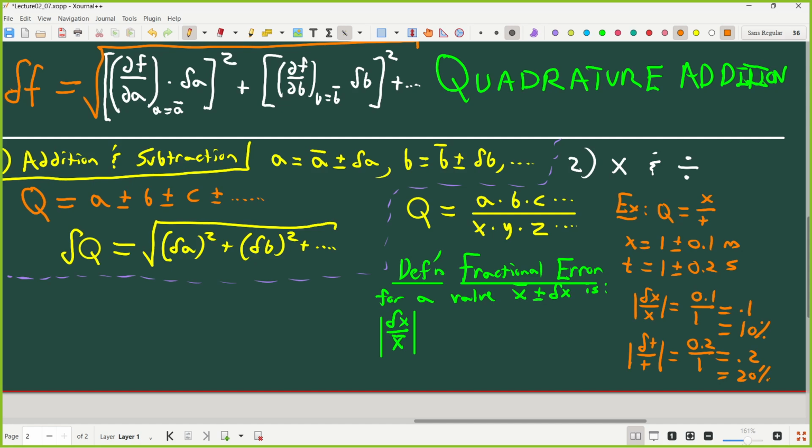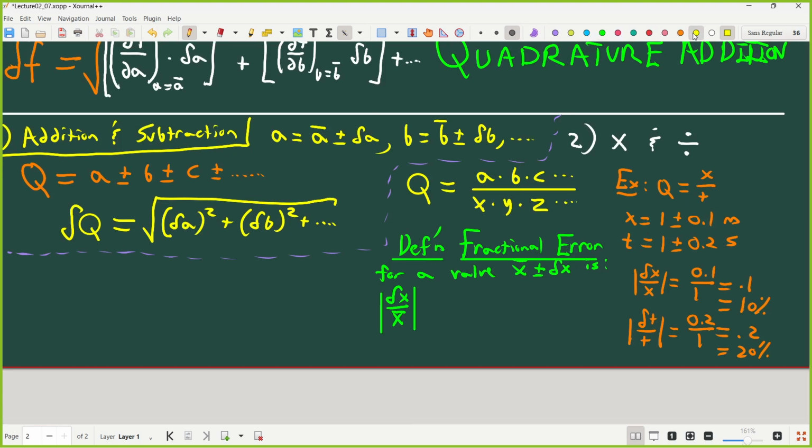That being said, if this is the thing we have to think about, then what we're going to calculate is the fractional error in Q. If we're going to compute our errors by fractions, then the output's going to be a fraction as well. So for a multiplication, delta Q over the value of Q that you measure, absolute value, remember errors are always absolute, is equal to the sum of the squares of the fractional errors.